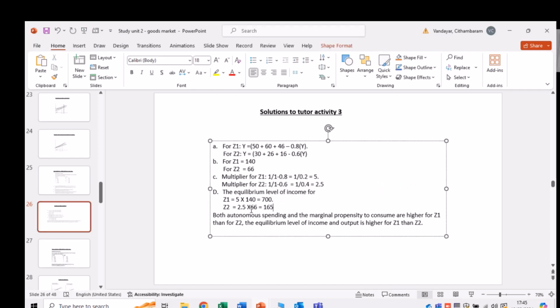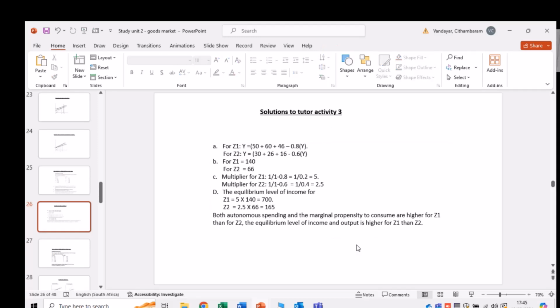So 2.5 times 66 will give you your total level of income and output at 165. The third part is to comment. Both autonomous spending and the marginal propensity to consume are higher for Z1 than for Z2. Therefore, the equilibrium level of income and output is higher for Z1 than for Z2, if you compare the two.